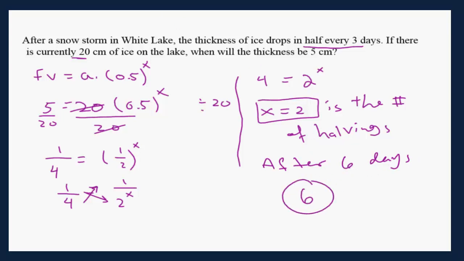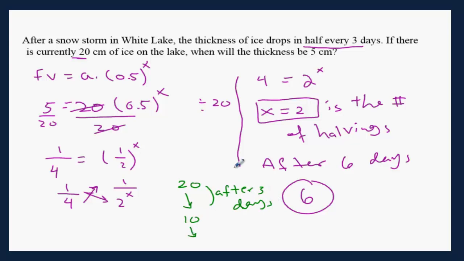Let's do it mentally. The thickness of ice in White Lake drops in half every 3 days. If there is currently 20 centimeters, that means 20 centimeters now. After 3 days, it will be 10.